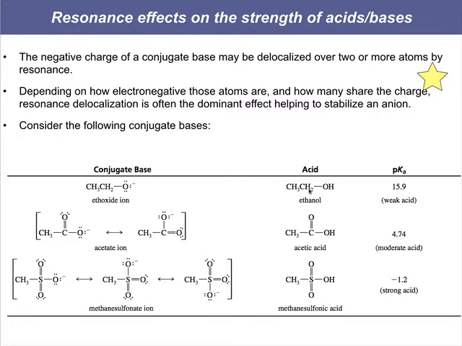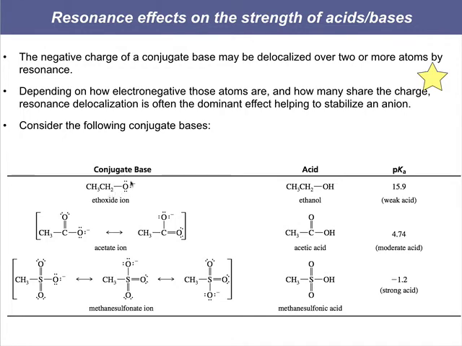Now, let's think about the conjugate base of ethanol. If we remove this hydrogen as an H+, leave the oxygen with its negative charge from the electrons from that OH bond that we're breaking, we get what's called ethoxide. And ethoxide has no resonance structures.